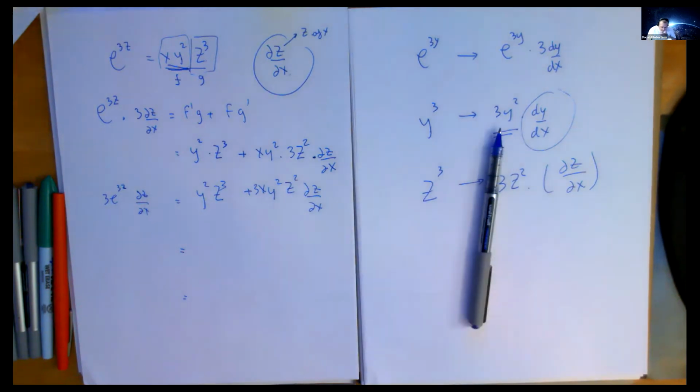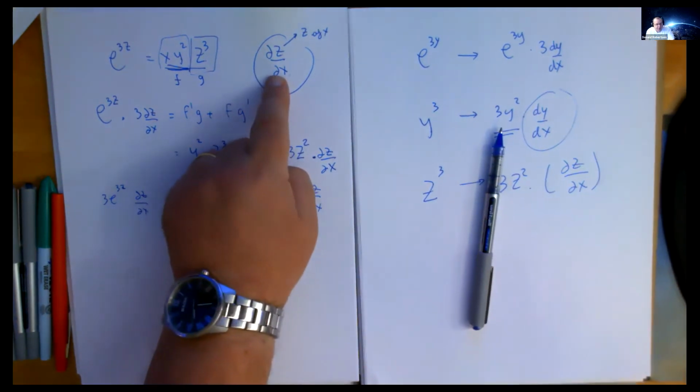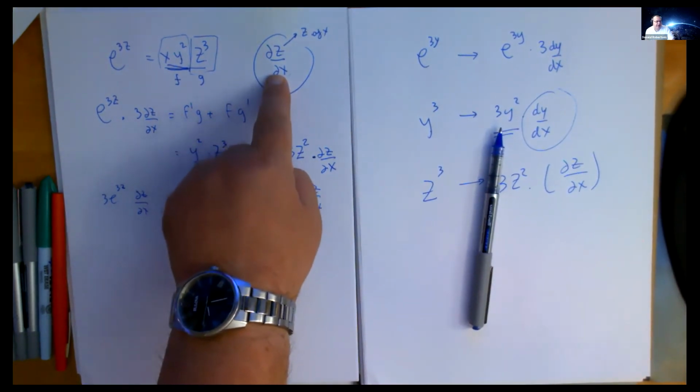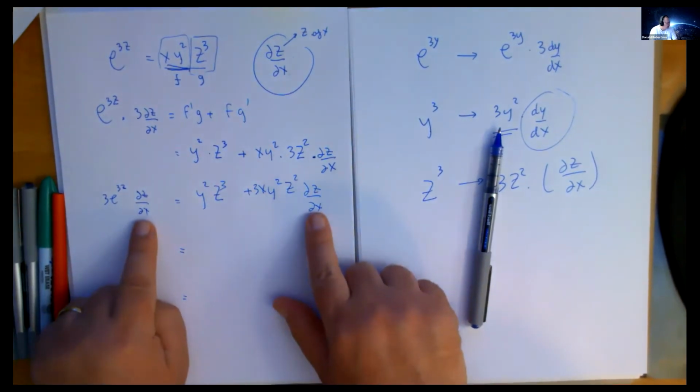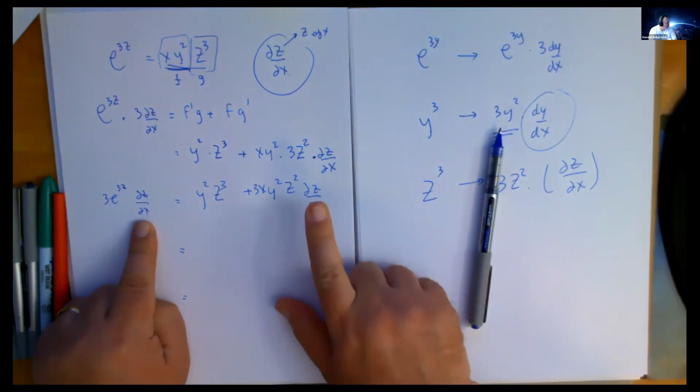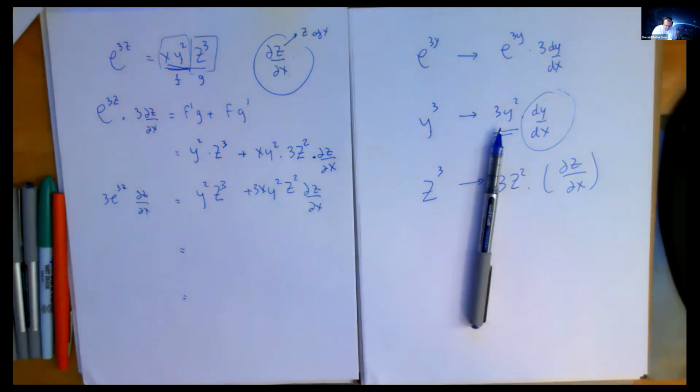Now remember, the goal in this question is to find the partial derivative dz by dx. Right now, don't we have it in two different locations? We have some of it here, we have some more of it here. So what do I do next to get things closer to the answer?